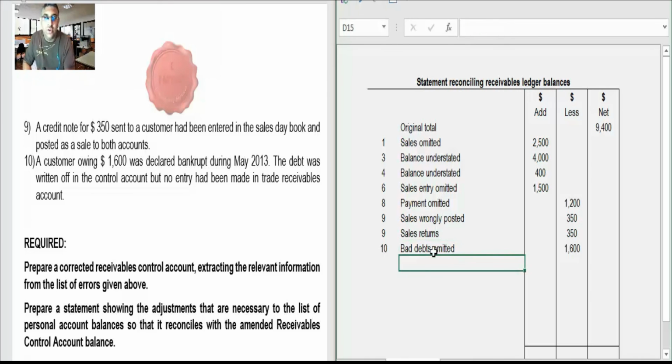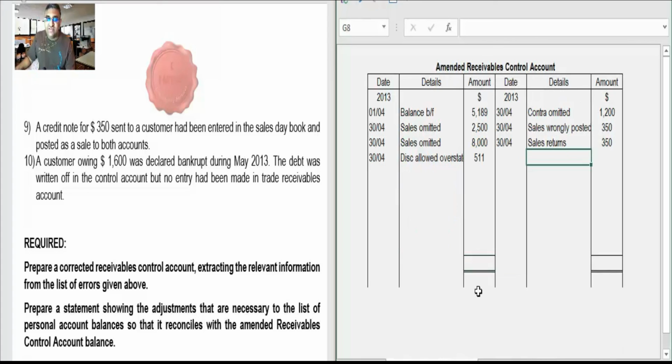And now that we are done with correcting the errors, let's see if our closing balance in the amended receivables control account tallies with that of the statement of reconciliation.